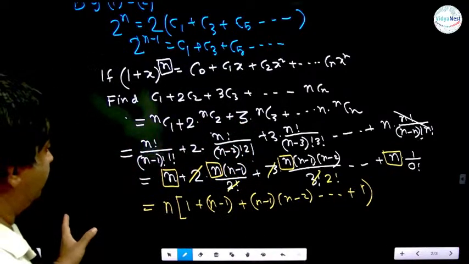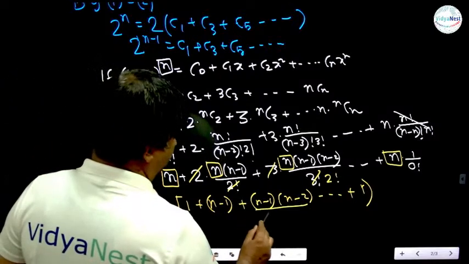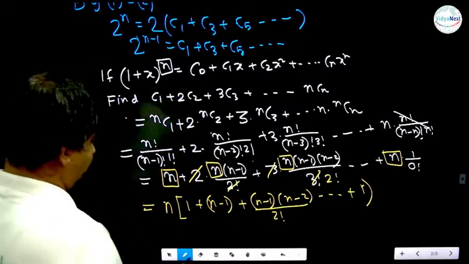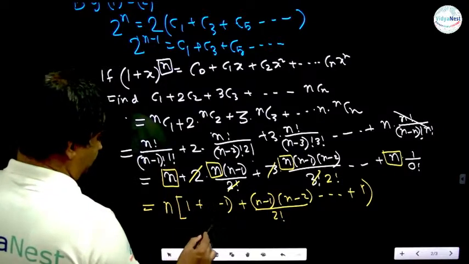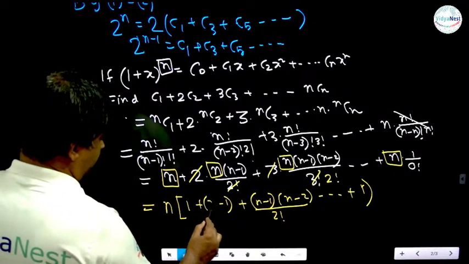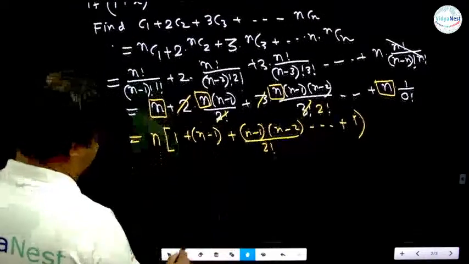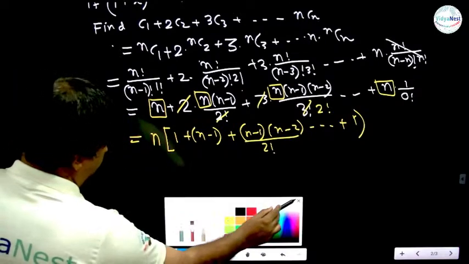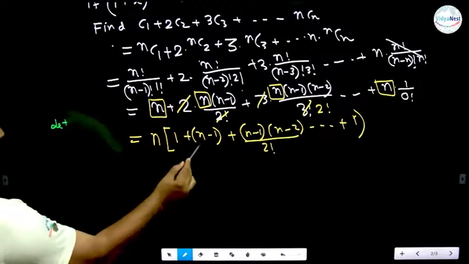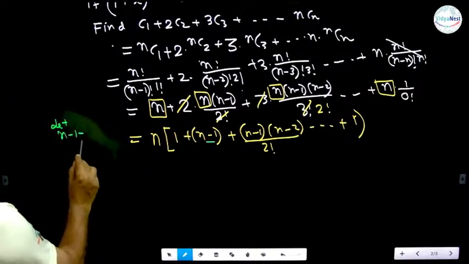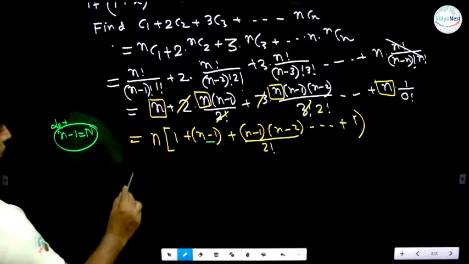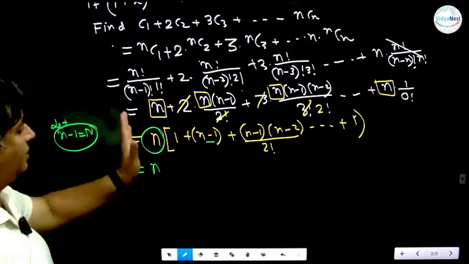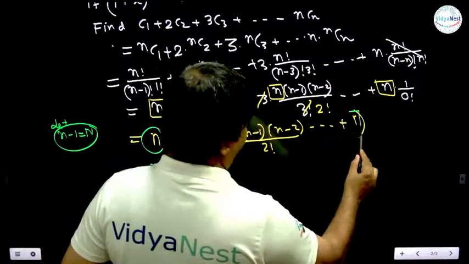Now I forgot to write this thing. To ease the calculation, if you wish, you can write: let this n minus 1 be equal to capital N. So I will not disturb anything in this n, because that is already kept outside the summation.